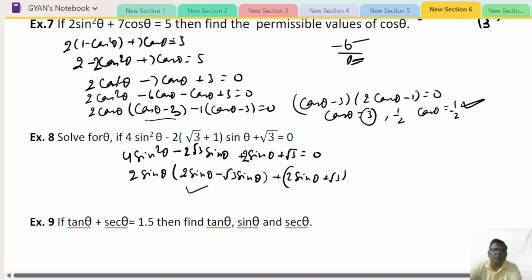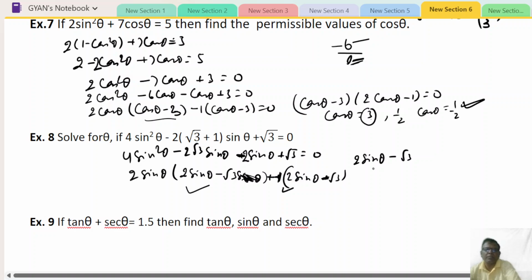So you take this also minus. This one is also minus. So here you take minus 1 common. So it becomes 2 sin theta minus root 3 because the minus 1 common.